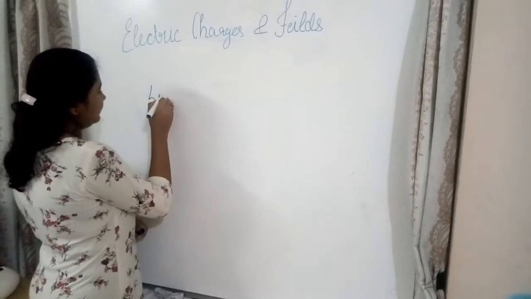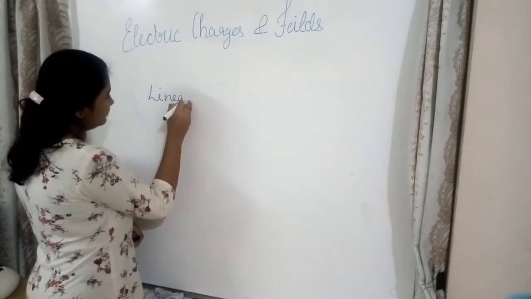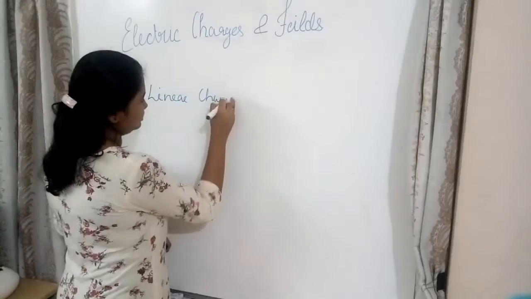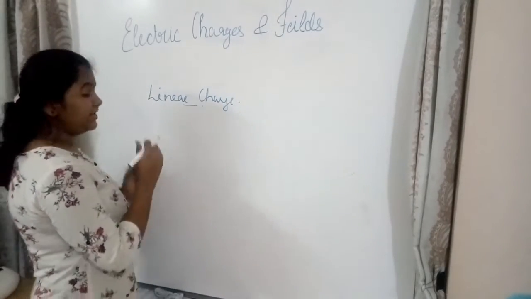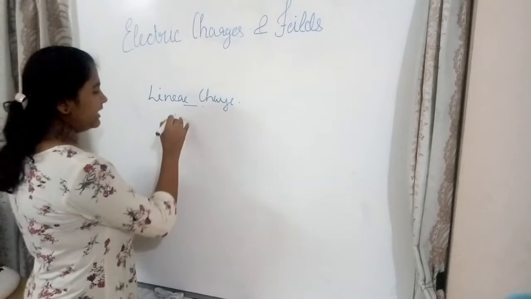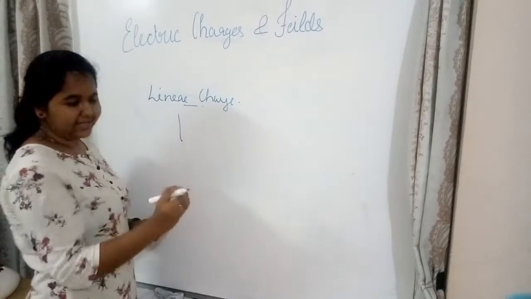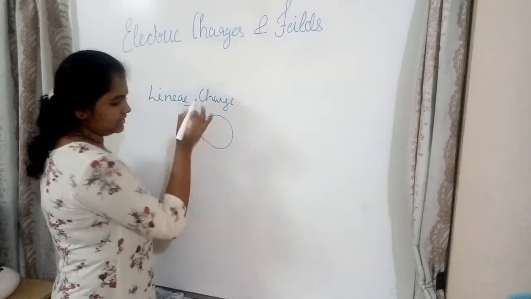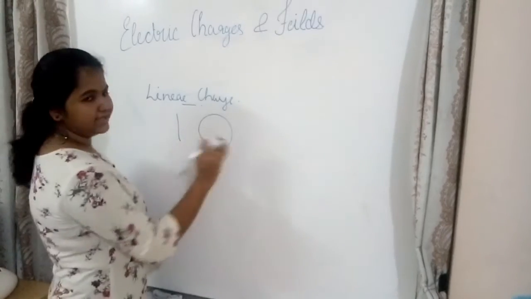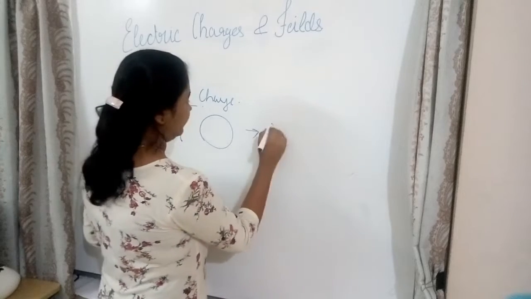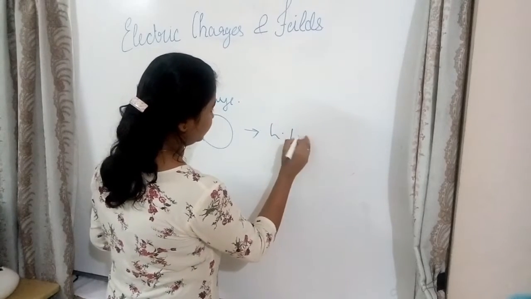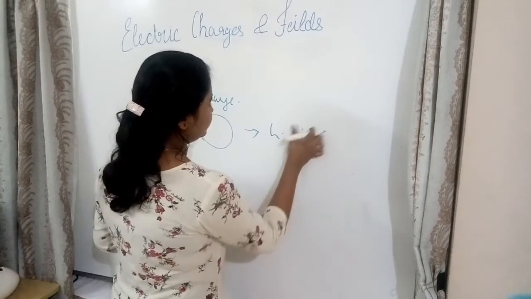So what is linear charge distribution? When the charge is distributed in a line, in a straight line, or over the circumference of a circle, it is known as linear charge distribution.